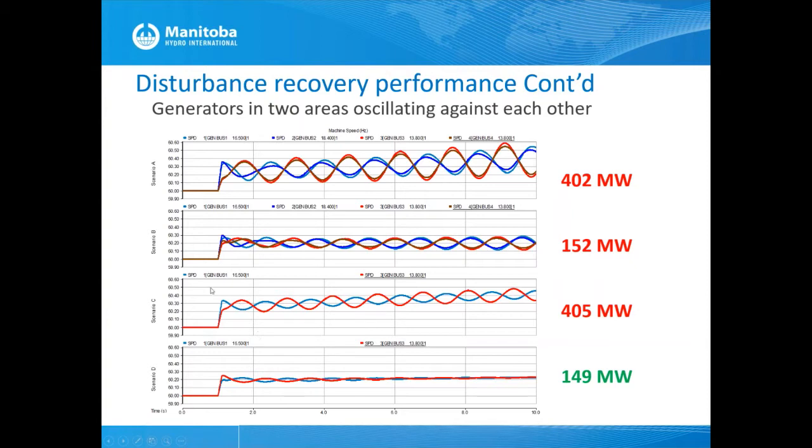Now note that in scenario A and scenario B there are 4 generators, and in scenario C and D there are only 2 generators. That's why you only see 2 traces in each of these. So in an interior oscillation, a group of generators will oscillate against each other.